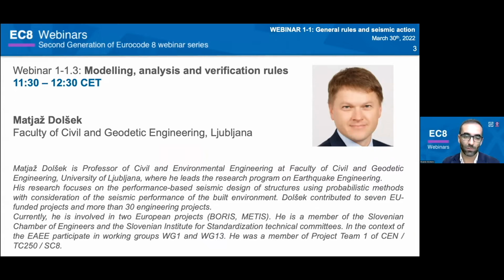Professor Dolšek is a professor of civil and environmental engineering in Ljubljana. He is very well known for his research in the fields of performance-based seismic design of structures, mostly using probabilistic methods, also with the consideration of the seismic performance of the built environment. He's been involved in many European projects, and he is also currently working in the European projects bodies and METIS.